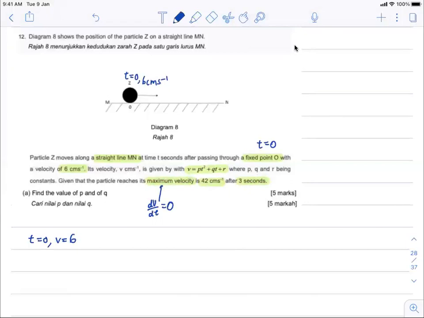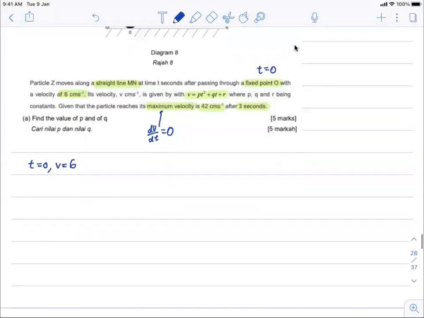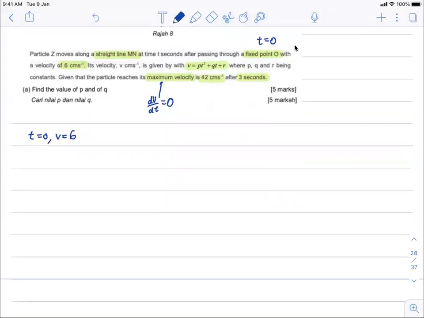For any maximum or minimum, usually it means the differentiation of the term is 0. So we can write down the information: when t is equal to 3, velocity is equal to 42, and then dv/dt is equal to 0 because it's the maximum velocity.